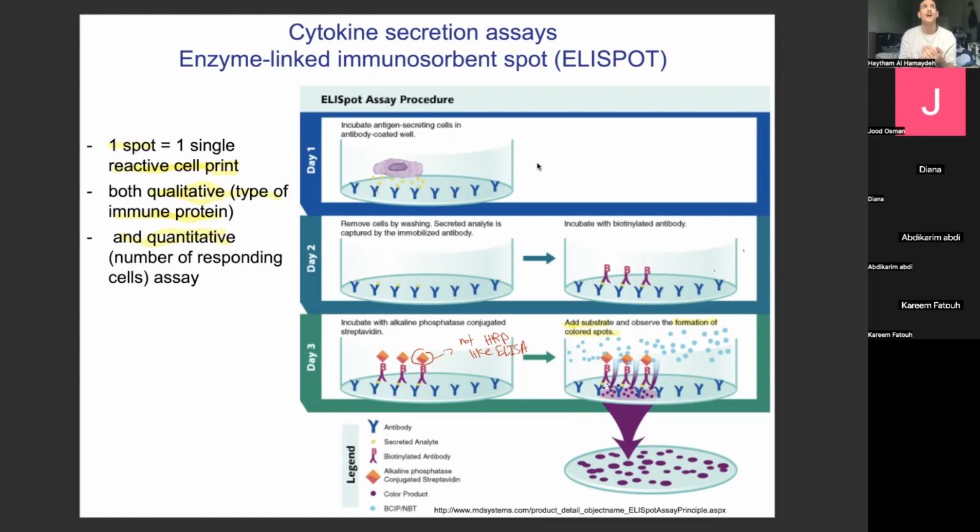For ELISA, I put a cup that has cells that release cytokines, and I detect how much cytokines is present in this solution. That's it. Now, for ELISpot, I expose cells and allow them to release cytokines. And with time, I detect how much cytokines is present compared to when it started and when it ended. That's the only difference.